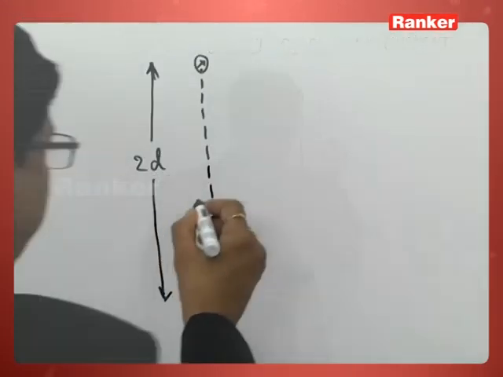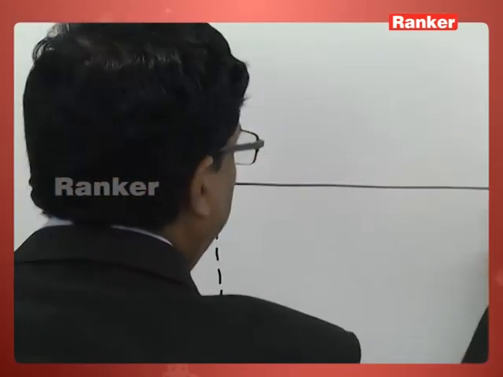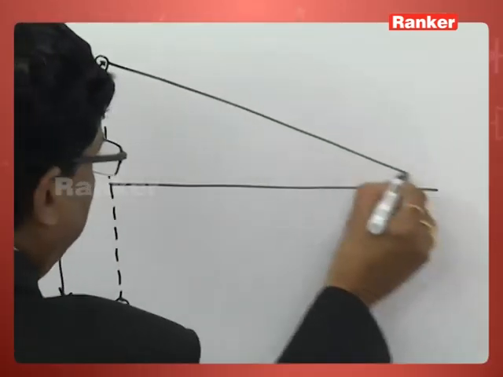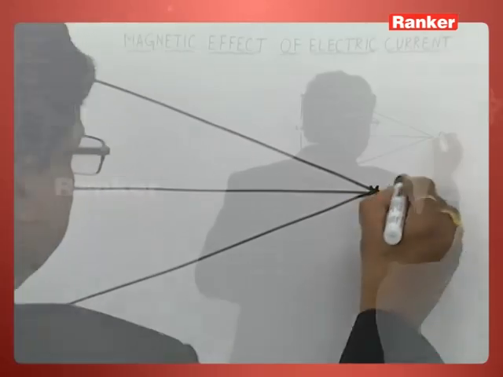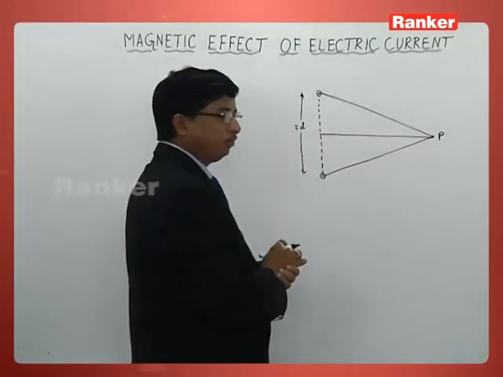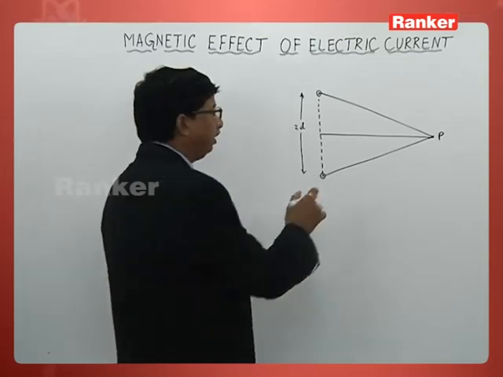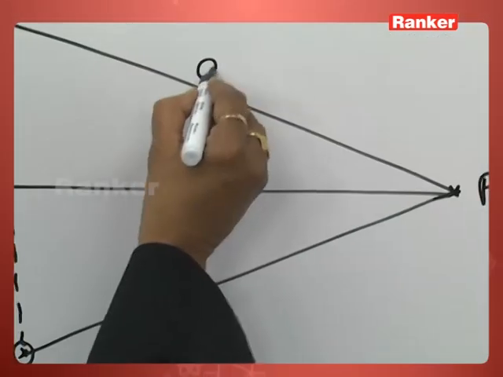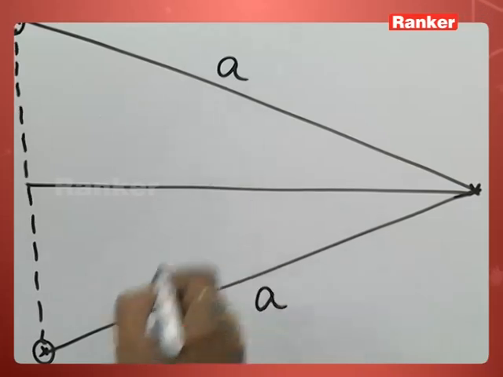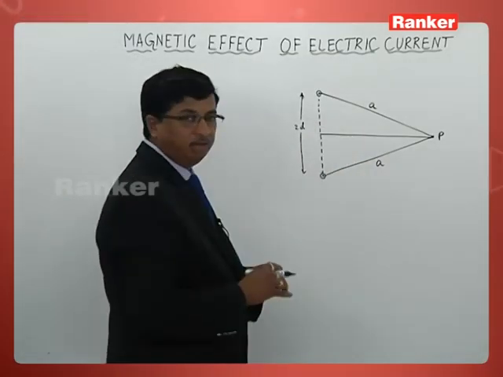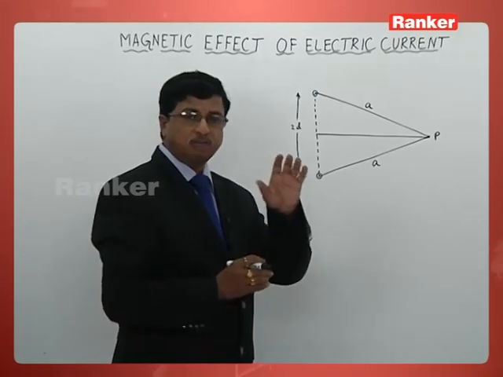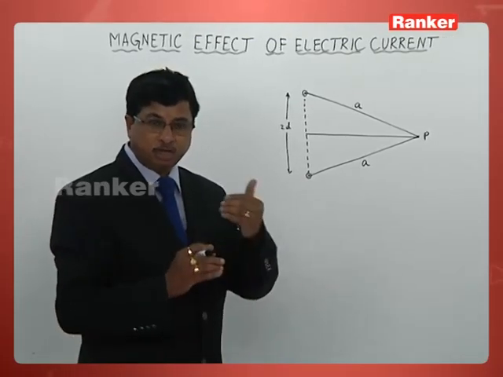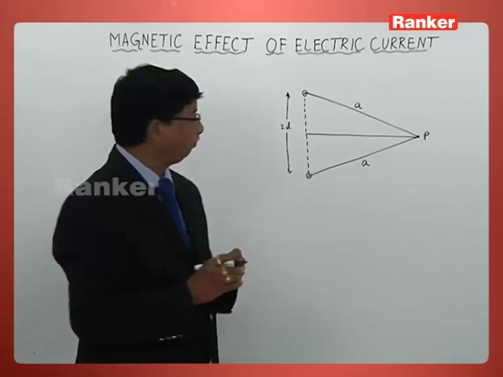And at a distance, say A, from each conductor, there is a point considered as P. He has mentioned very clearly this distance as A and this distance also as A. They are at equal distance. The point is equidistant from both the conductors.